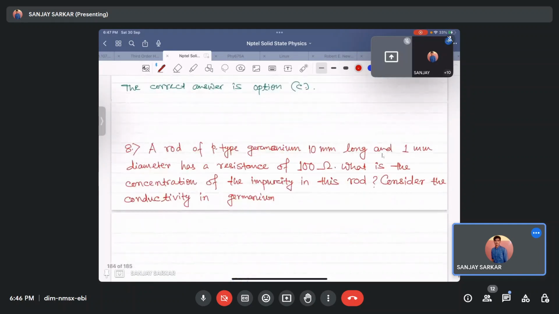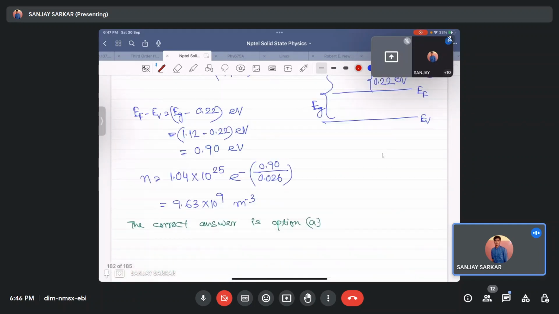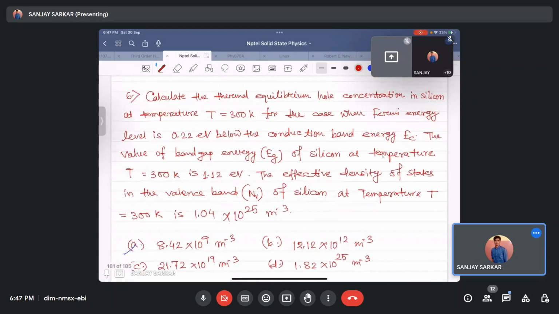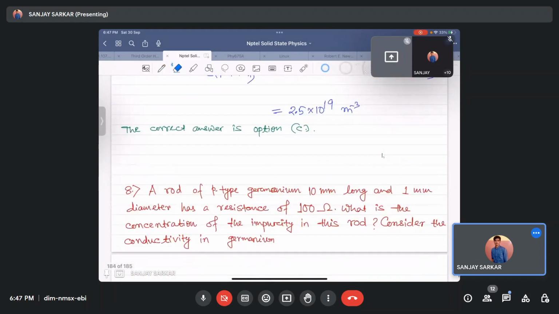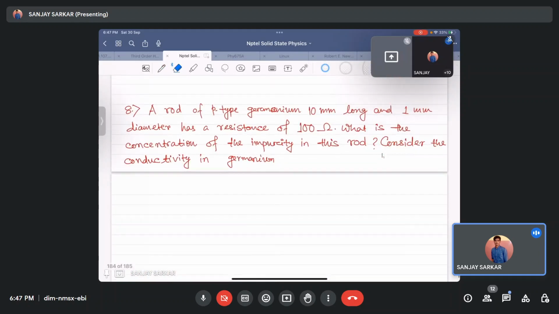So what about the last question? The conductivity in germanium is only due to the holes for impurity atoms.